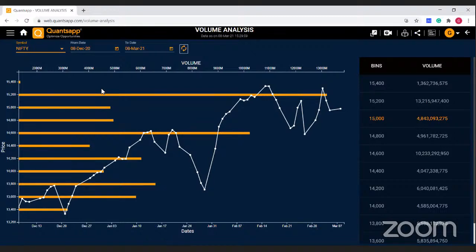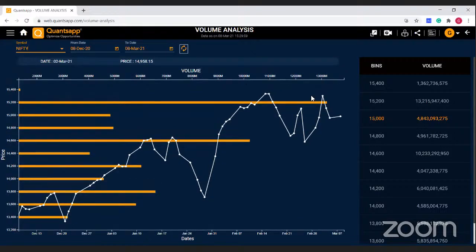Now we are into this particular tool to find out the particular points where the volume has happened. So if I say in the last 3 months, from December, January, February, March, almost a 3 month period, I want to see the particular point where the volume has happened.